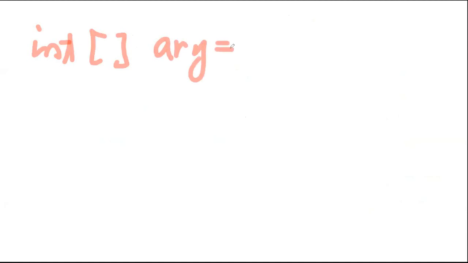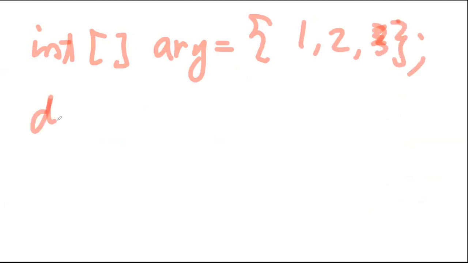Now about instantiation. Instantiation is to assign the initial value. So we can have an integer array A equals 1, 2, 3. I think I showed this before, right?